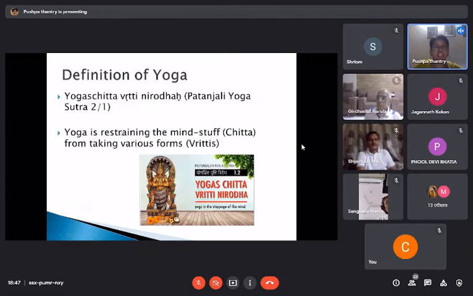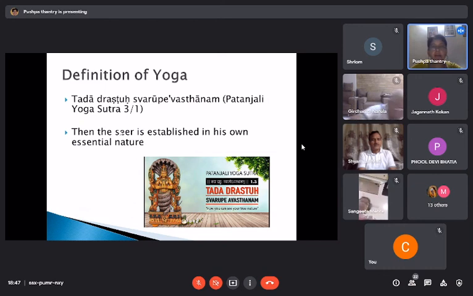And another definition of yoga, of course, from Patanjali, is Chitta Vritti Nirodha. Yoga is restraining the mind from all the vrittis. And of course, what happens if you practice yoga? Tada drashtuh svarupe avasthanam, then the seer is established in his true nature. That is what you are going back. If you see from the Samkhya model, you are going back and establishing yourself as the Purusha.